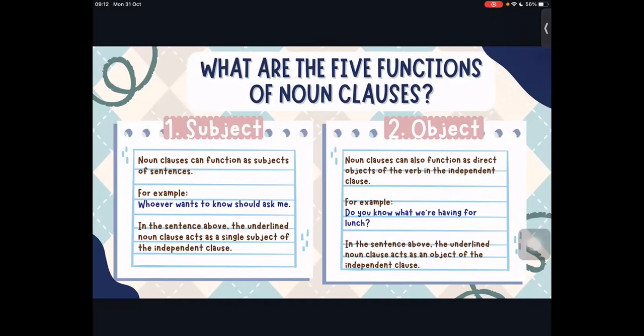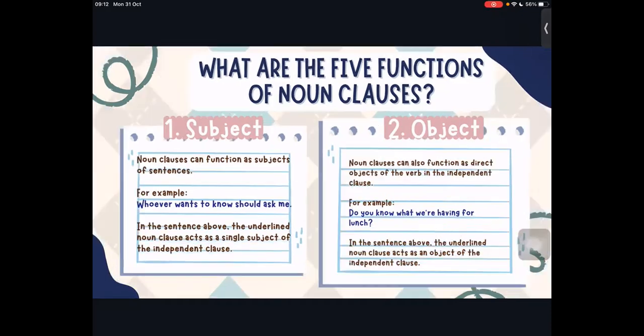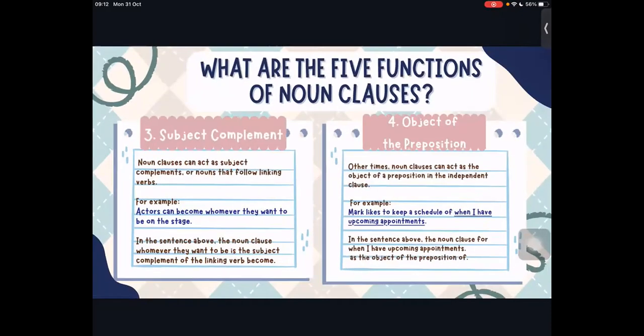The third one, noun clause can act as subject complements, or nouns that follow linking verbs. For example, actors can become whoever they want to be on the stage. In the sentence above, the noun clause whoever they want to be is the subject complement of the linking verb become.